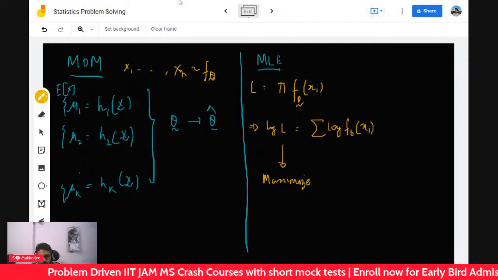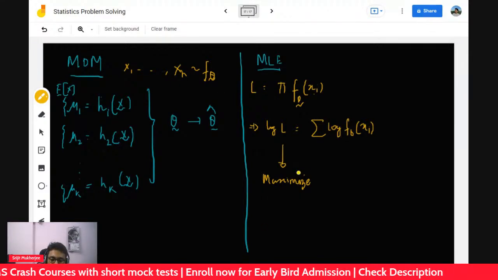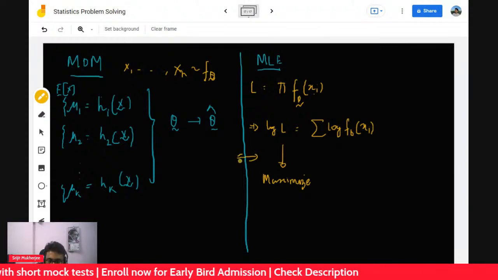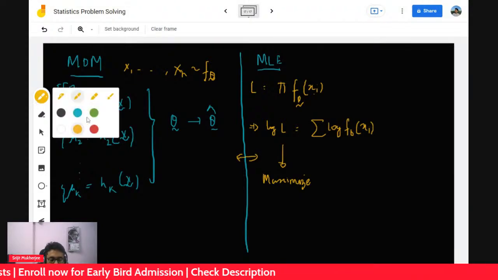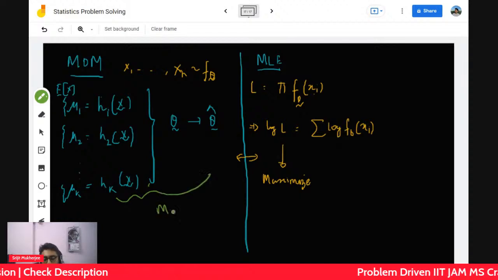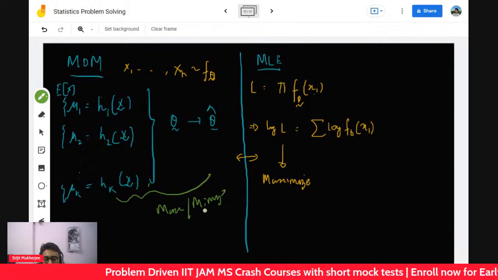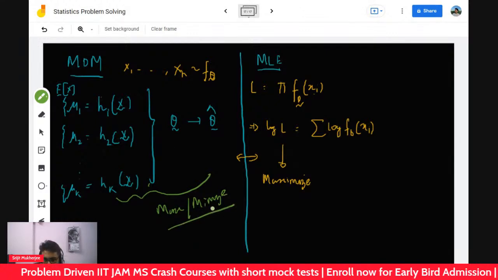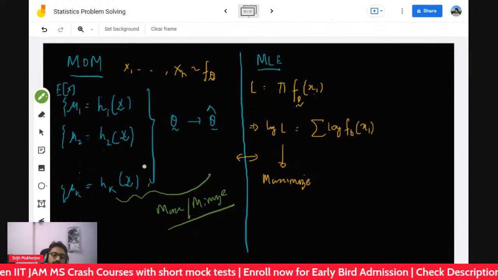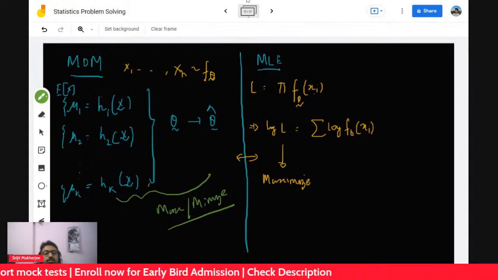So my question to you is, to find the connection between the MLE and the method of moments, we need to pose the method of moments as a maximization or minimization of some loss function, summation of something. I'm giving you 2 minutes to think about it. It's very good out of the box thinking.